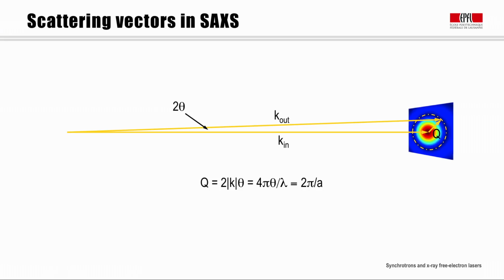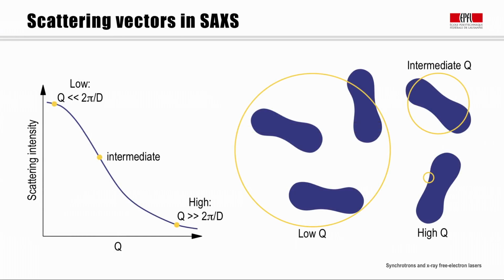The SAXS signal tends to be circularly symmetric as a large number of randomly oriented particles are probed simultaneously. It's therefore the radial signal that is of interest. Now there are three regimes in SAXS. The small q regime, for which q is much smaller than 2 pi upon d, where d is the characteristic scale of the object being investigated.